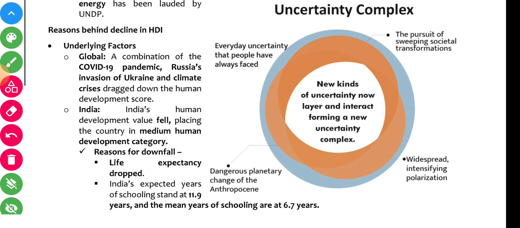At India's level, the human development value fell, placing the country in the medium human development category. Reasons for the downfall: life expectancy dropped due to coronavirus. India's expected years of schooling stand at 11.9 years and mean years of schooling are at 6.7 years.